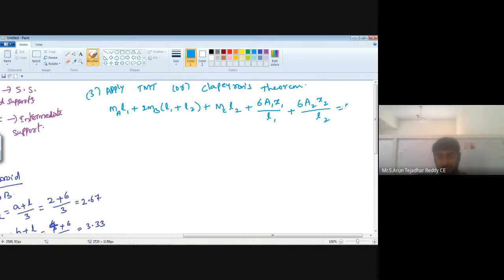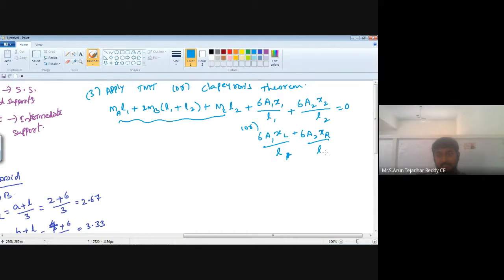In place of X1 we can write XL, and in place of X2 we can write XR. This term is common: A1 XL plus A2 XR.